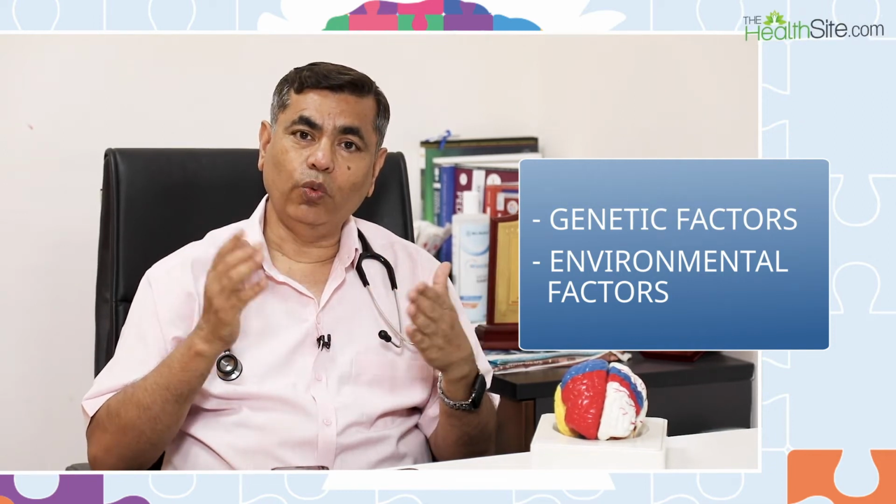Again, the causes are not simple, like one infection or one thing. It's a combination of genetic and environmental factors. It definitely depends upon where you work, but in advanced centers, especially if you are abroad, you can get detailed genetic investigations done.